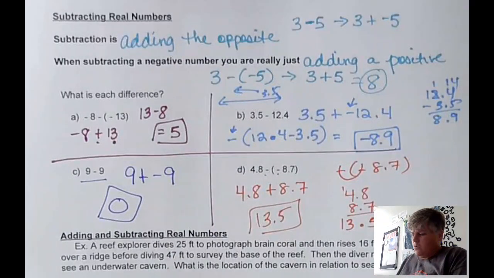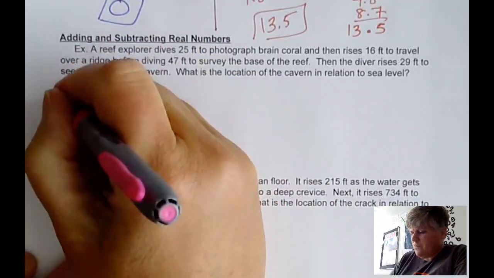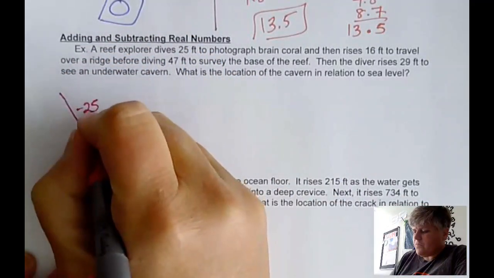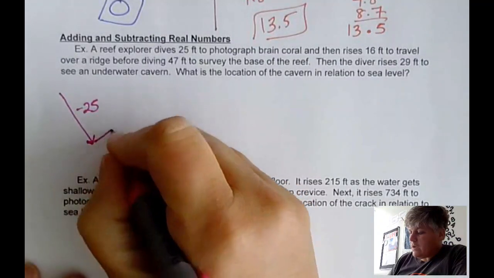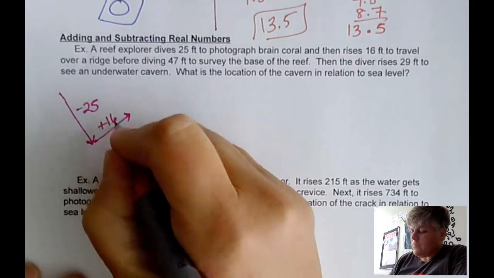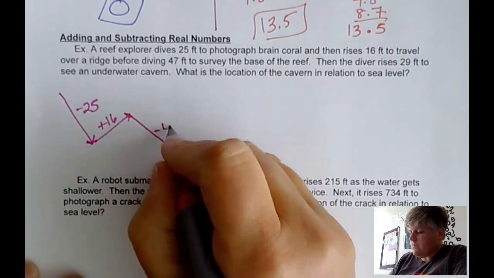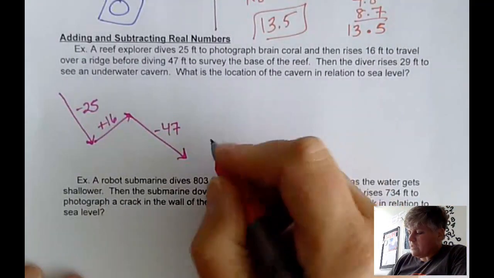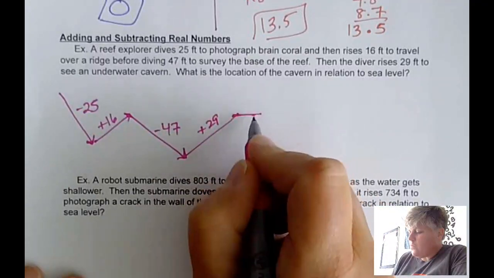All right, let's look at these word problems. So a reef explorer is going to dive 25 feet to photograph brain coral, and then he's going to rise 16 feet, and then he's going to dive 47 feet to survey the base of the reef, and then he's going to rise again 29 feet, and they want to know where is that cavern.